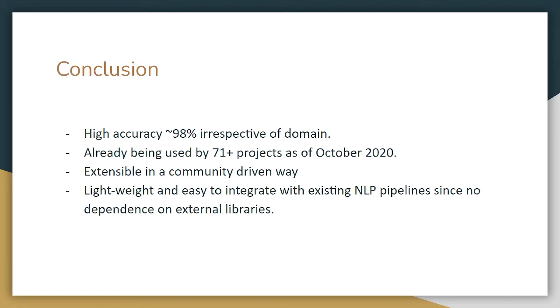It is extensible in a community driven way, in the sense that the Golden Rule Set is by no means complete, and we can add additional rules depending upon how humans perceive sentence endings.